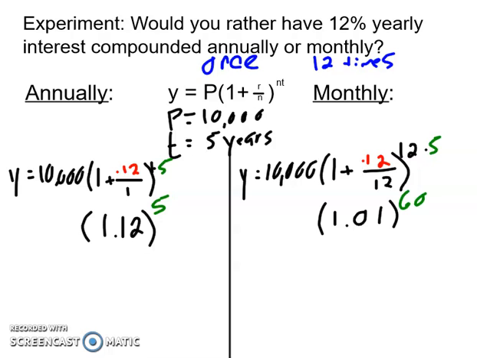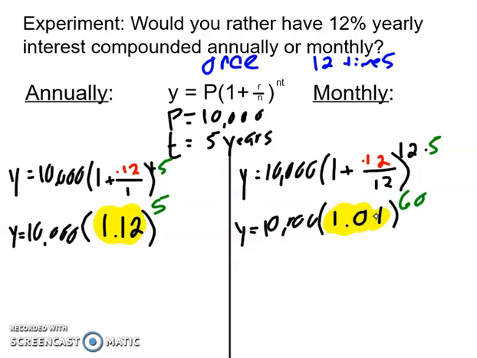So what do you think is going to yield the bigger amount? Do you think now it's going to be annually, or do you think it's going to be monthly? Remember, the only thing changing is the amount of times it's compounded per year. Well, again, it looks like our value inside the parenthesis is 1.12 compared to 1.01.